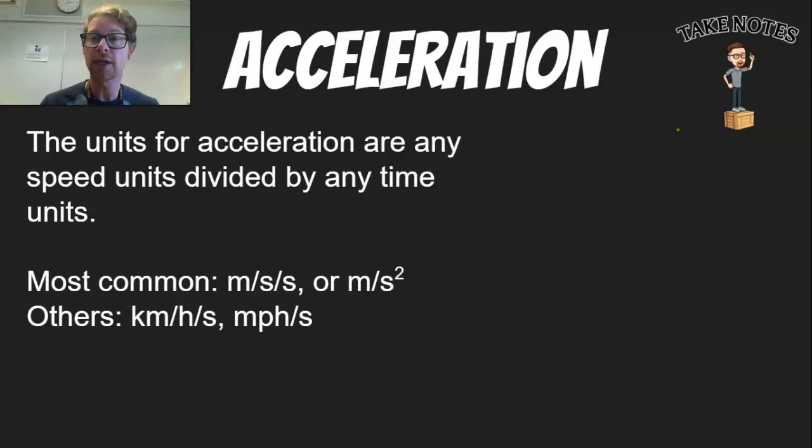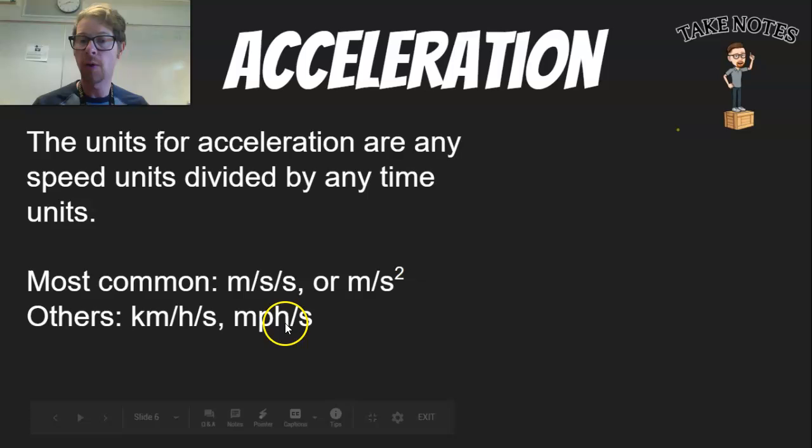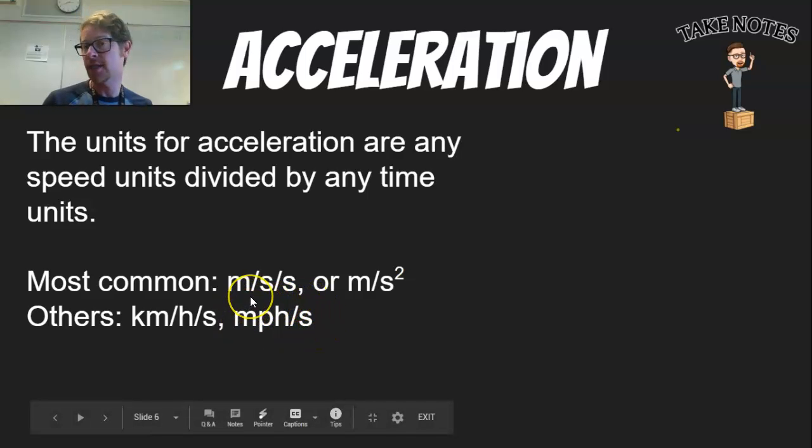Well, that would be 2 meters per second in 2 seconds, which is 1 meter per second per second, abbreviated as meters per second squared, because you end up multiplying these two s's together. But you might see other ones, for example, kilometers an hour per second, or miles per hour per second. If you're measuring your acceleration in your car, you might say, how many miles per hour can this change in 1 second?